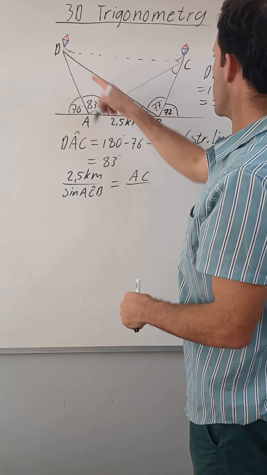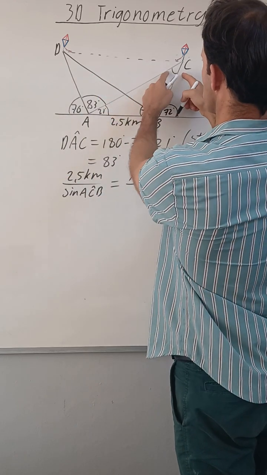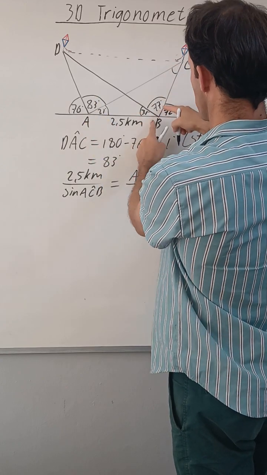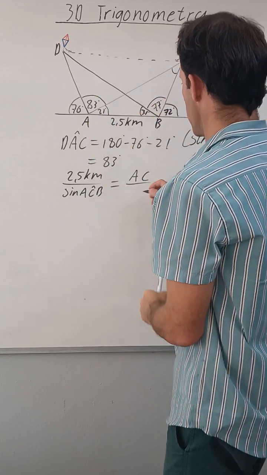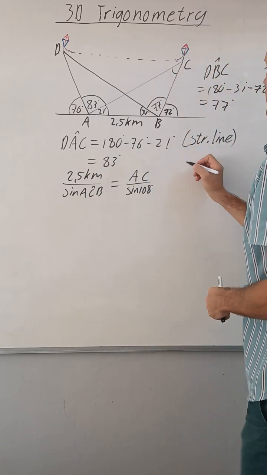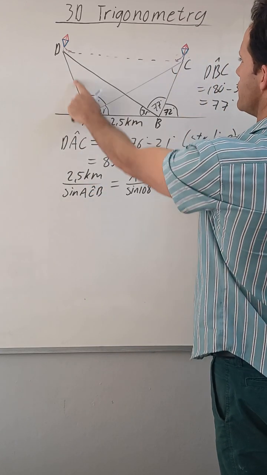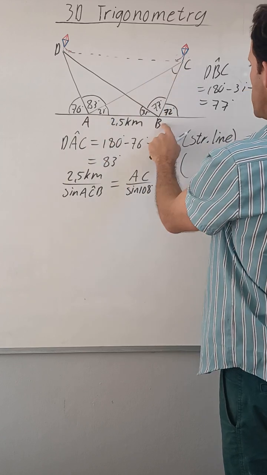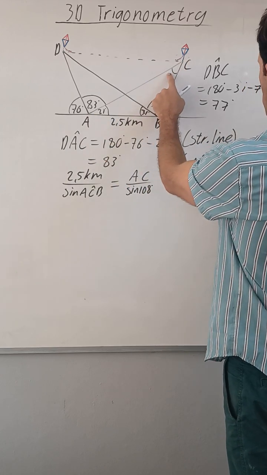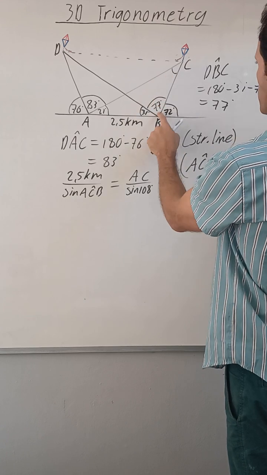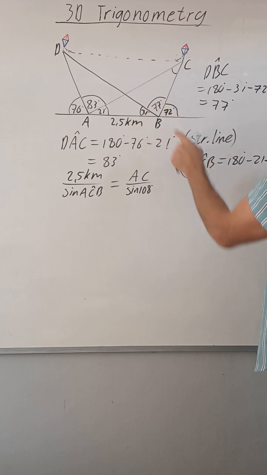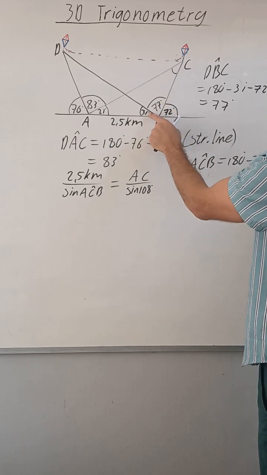So now we can say 2.5 over sine of this angle is equal to AC over sine of this one, which is 108, over sine 108. Okay. And then on the side line we can find ACB. So ACB will be equal to 180 minus 21 minus this one, which was 108.